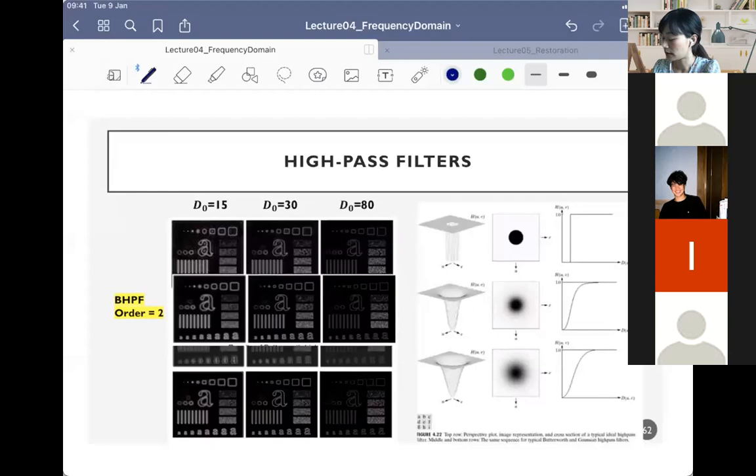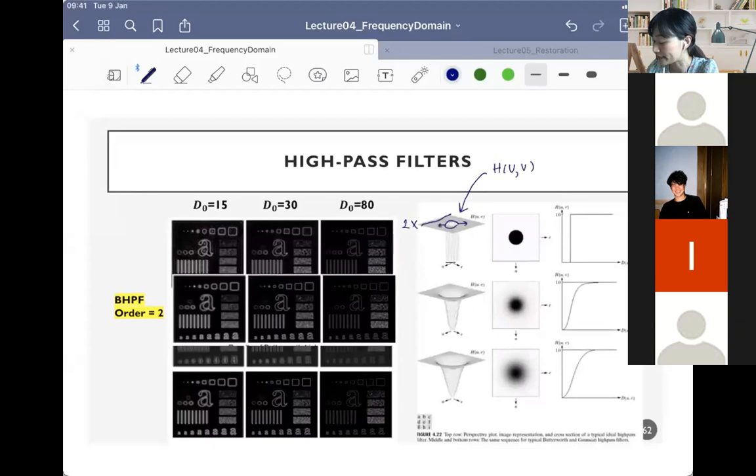So this is how the 3-dimensional high pass filter looks. You'll see that all the high frequencies outside the cutoff frequency will be multiplied by 1, so they all will pass. All high frequency is passing.